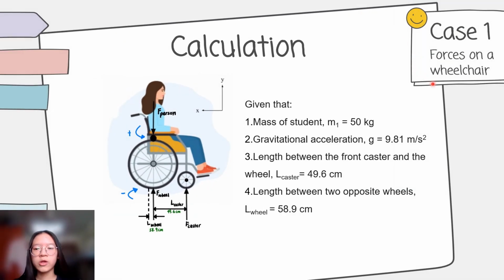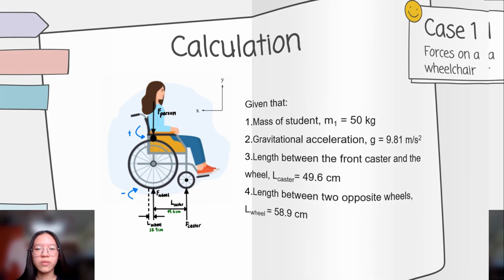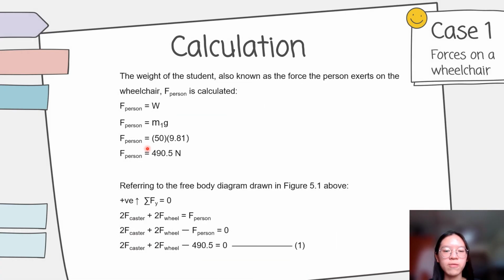For case 1, we need to calculate the force on a wheelchair. The length between the front caster and the wheel is measured, and also the length between two opposite wheels. Then we get these two values for calculations. The mass of student is equal to 50 kg. Then we apply this formula F equals mg, and we obtain the force of person is 490.5 newtons. Referring to the free body diagram, the total Fy is equal to 0.